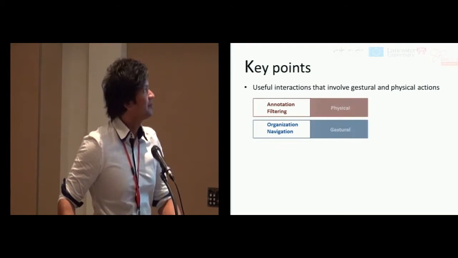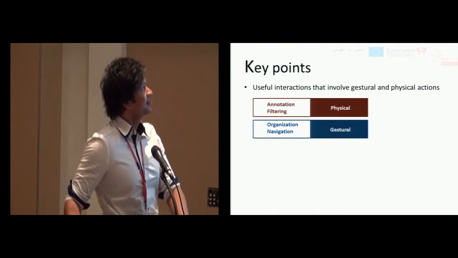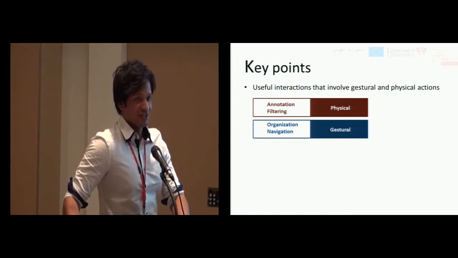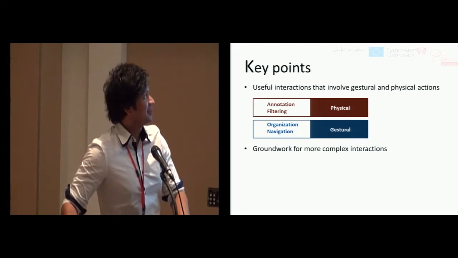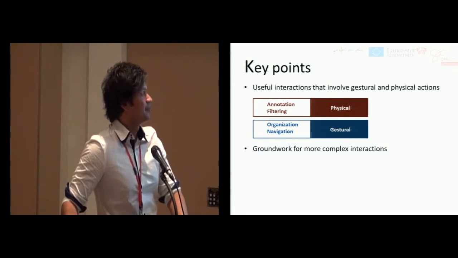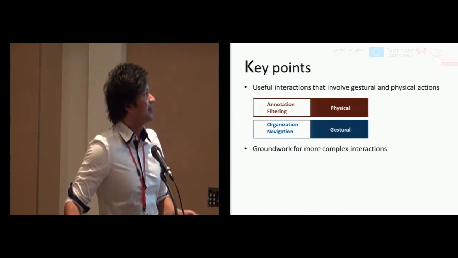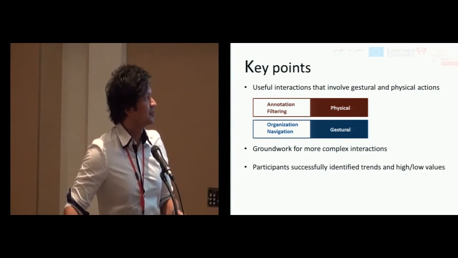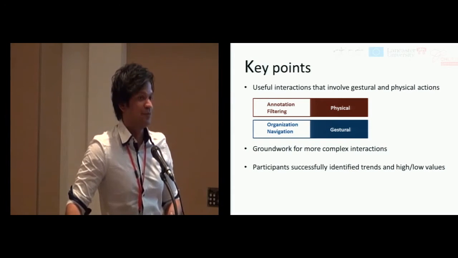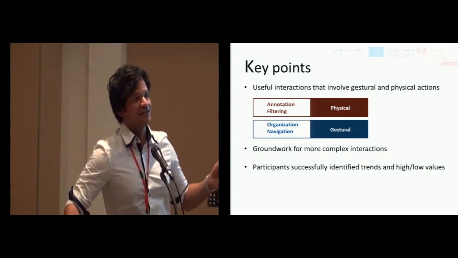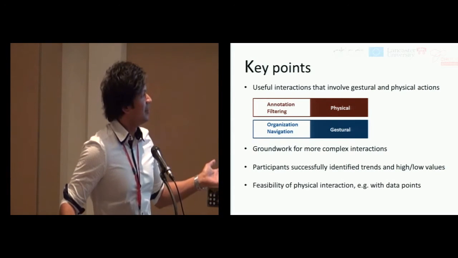So to wrap up, we identified useful interactions that involve both gesture-based and physical interactions. We found that tasks like annotation and filtering were more suited to physical, whereas organization and navigation were more suited to gesture-based interactions. We believe we successfully set a groundwork to explore more complex interactions, so combining annotation with filtering, for instance.